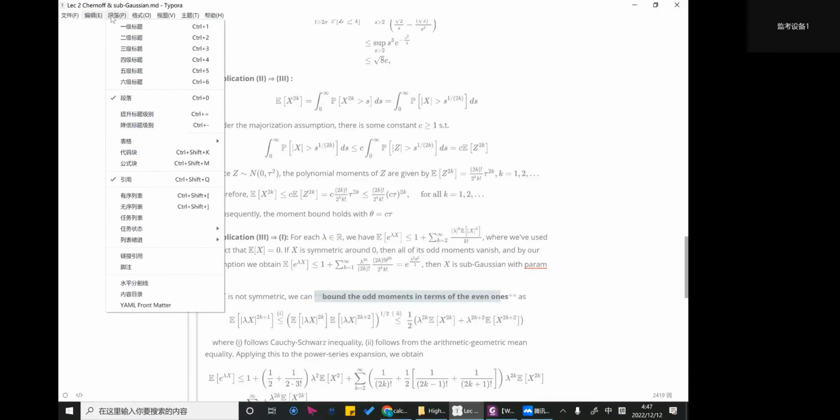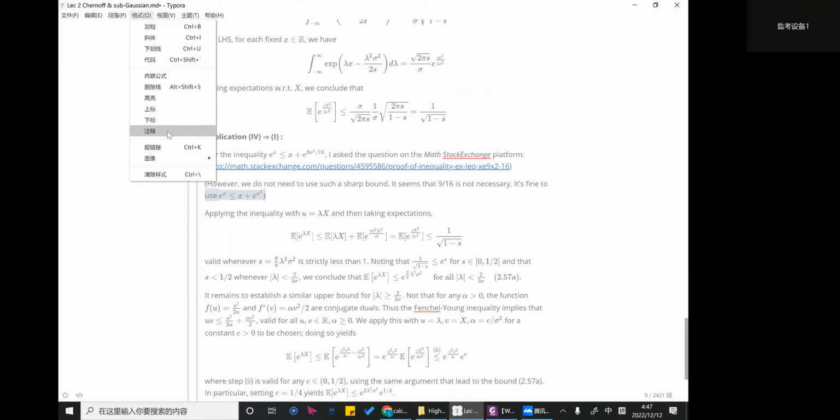And the last one, we can use this not so sharp inequality.